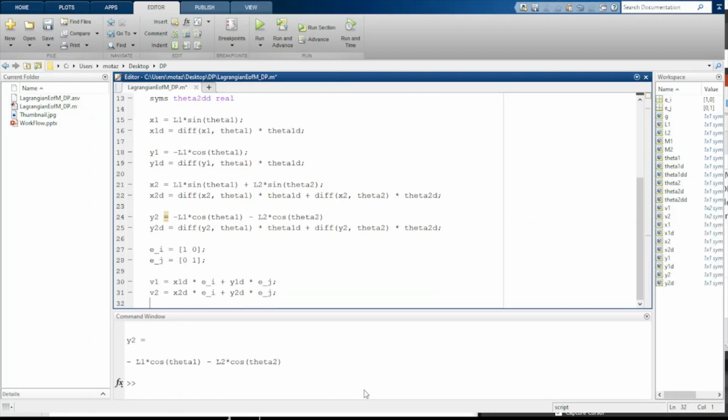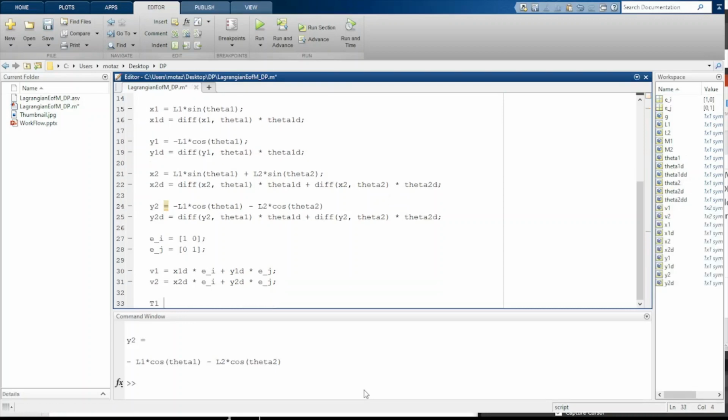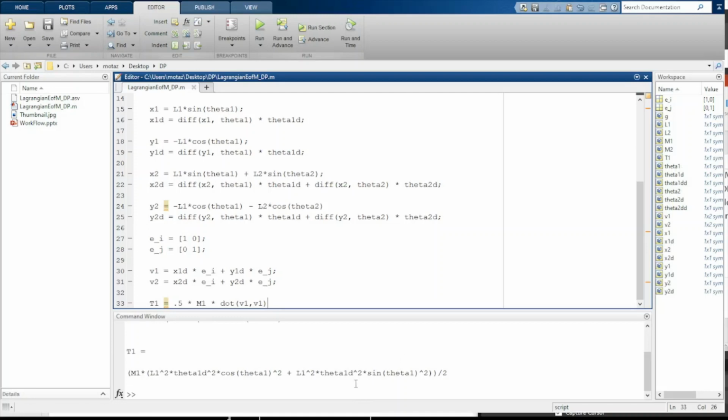Now we need the kinetic energy. It's going to be 0.5 times m1 times the dot product of v1 with v1. This might give us a bit of a long term. Okay, not bad.